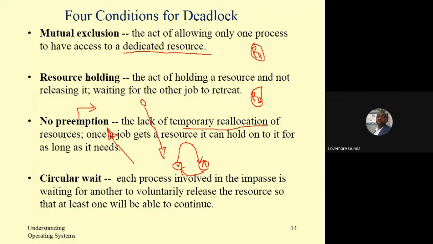So every process that is running will be holding on to its resource in anticipation of another process releasing its own resource. That is the circular wait condition. So when these four conditions have happened simultaneously, the operating system will get into a deadlock. That is what we are talking about.